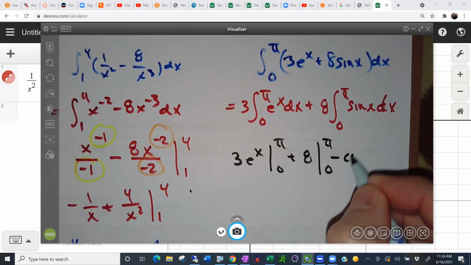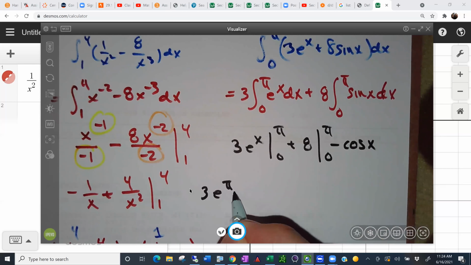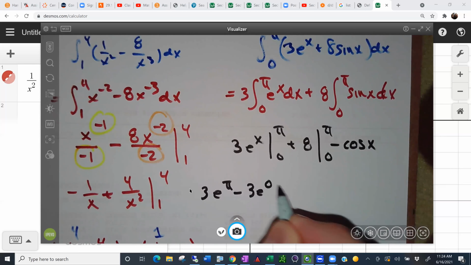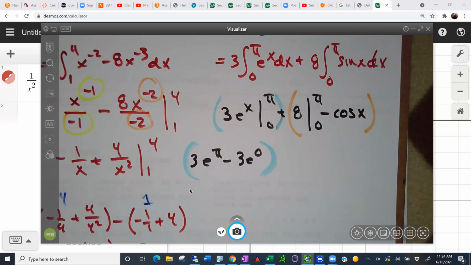All right, so over here, I'll get 3e to the pi minus 3e to the 0. That's coming from that term right there. Basically 3e to the pi minus 3, plus this right here.